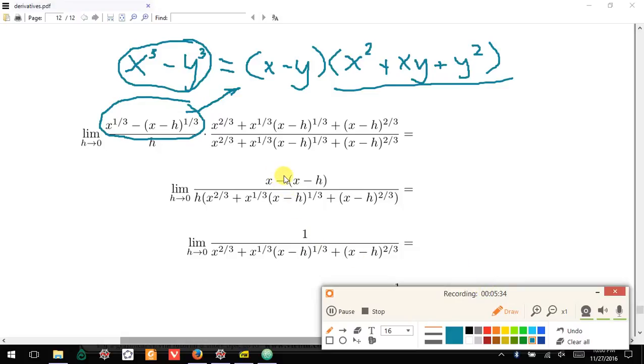And then clearly, the x and the minus x cancel each other, and the negatives cancel, so that you're just left with h on top. The h here cancels with the h down here, and you're just left with the denominator.